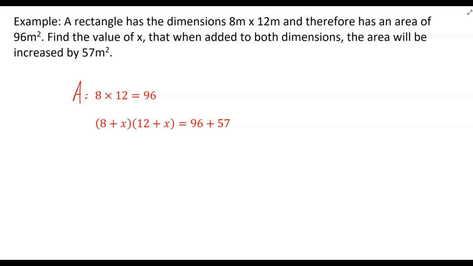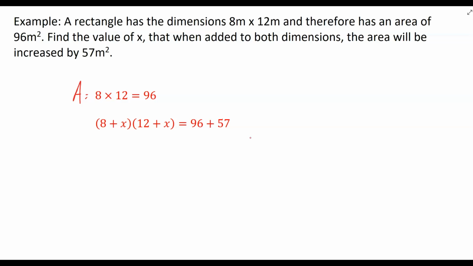So take a look at that second equation. 8 plus x is the one dimension increased by x, and 12 plus x. When those two are multiplied together, they would give an area of 96 increased by 57, which is 96 plus 57.